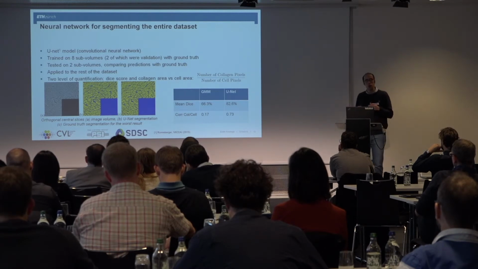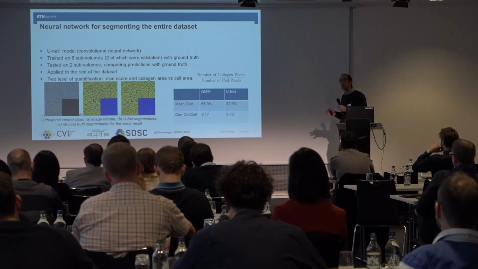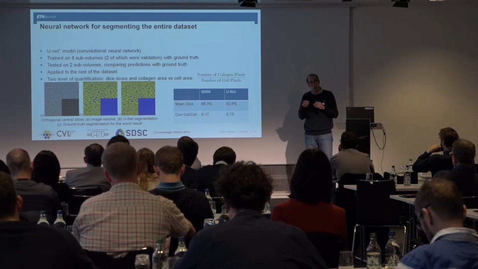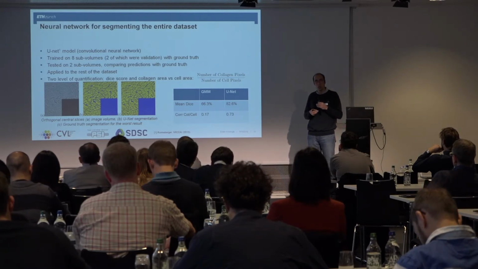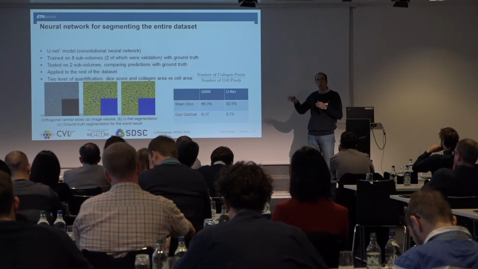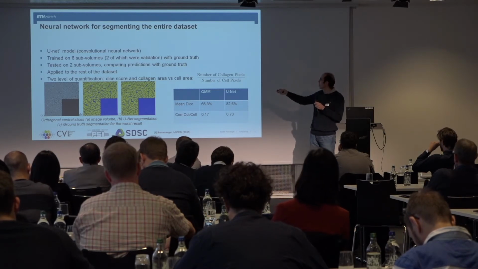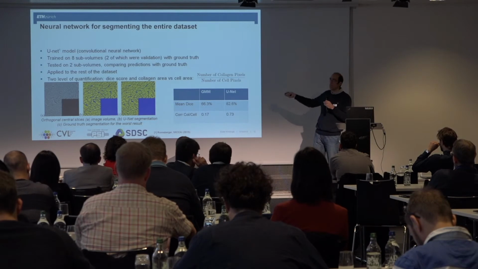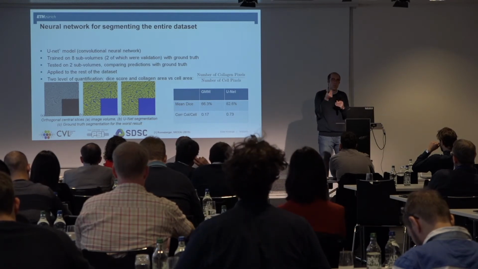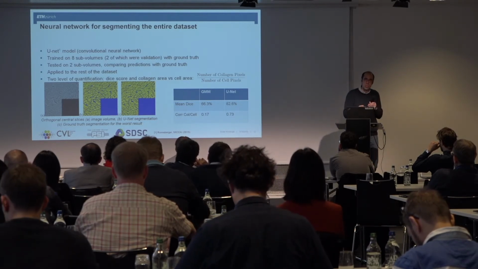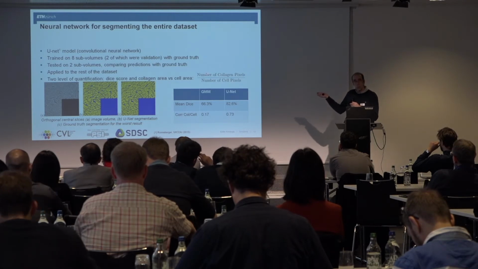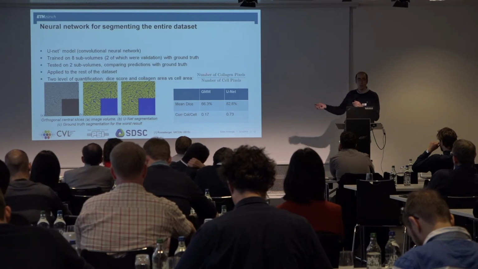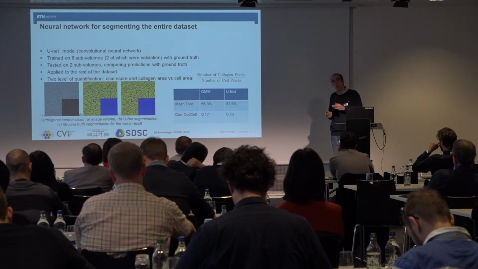What was crucial, though, is the correlation coefficient between the ratio of collagen versus cells. We have the ground truth, and we computed the number of collagen pixels versus the number of cell pixels, because that's really the important thing that we're after in the scientific question. So we got them in the ground truth, and we got them in the predicted segmentations, and we simply computed the Pearson correlation coefficient.